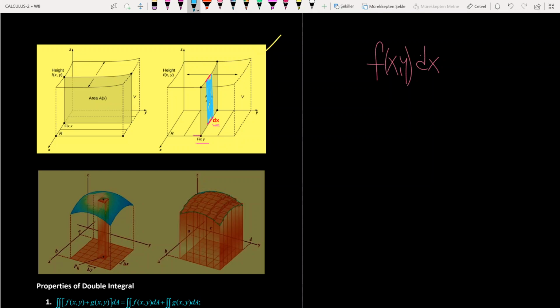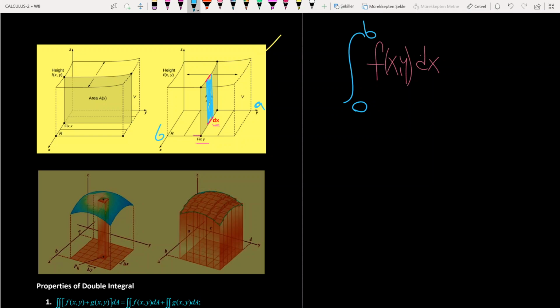So how do we do this? Now we have a sliver. If you take the integral from 0 to b, where this is b and this is a, this is the integral of f of x, y from 0 to b.